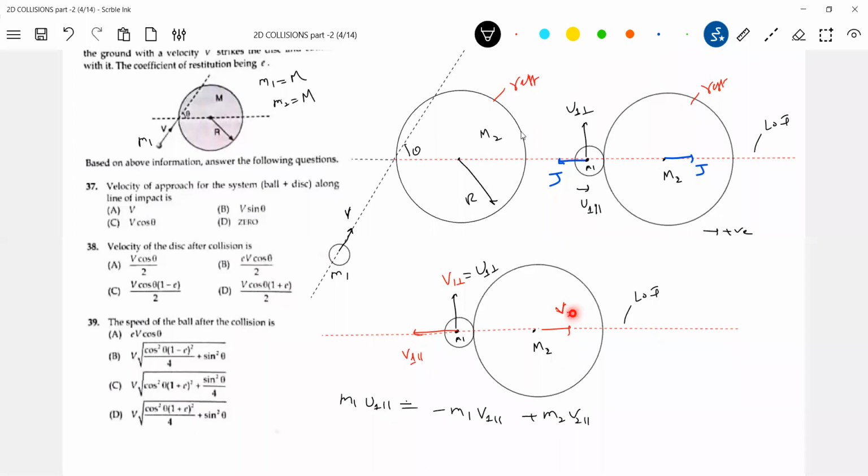The masses are equal, m1 equals m2, so this will be u1 parallel equals minus v1 parallel plus v2.